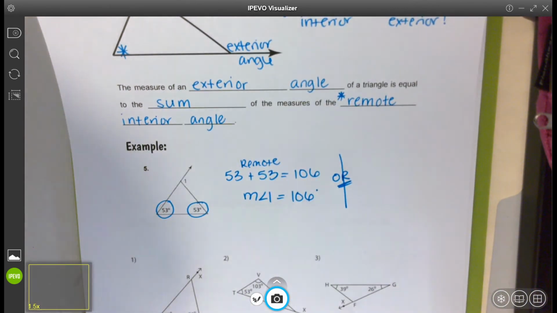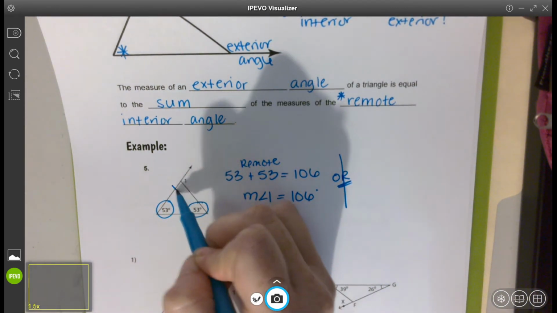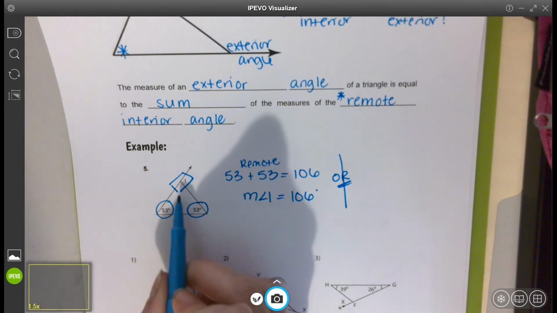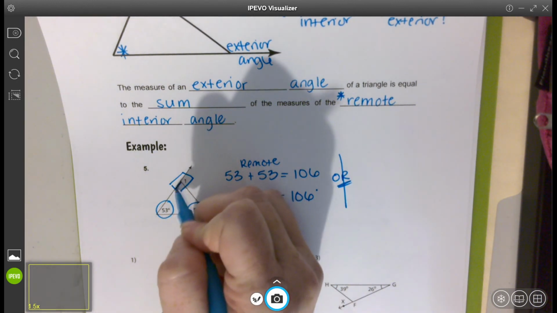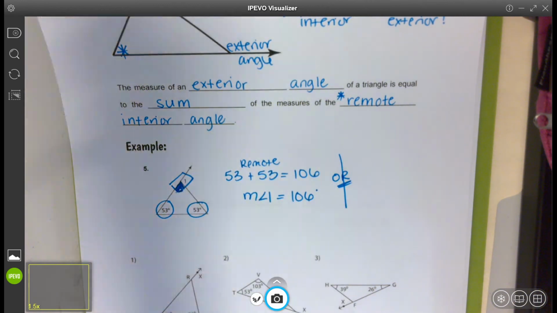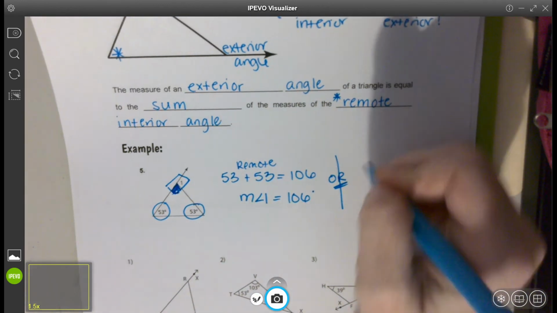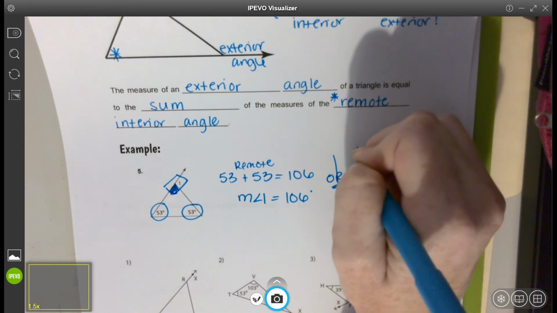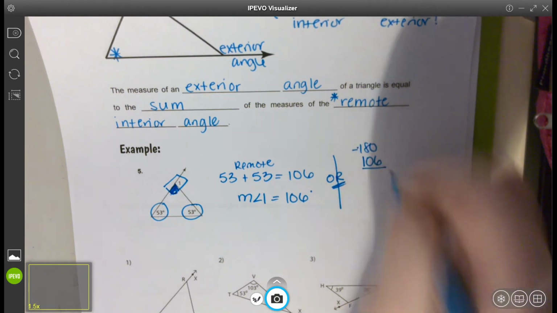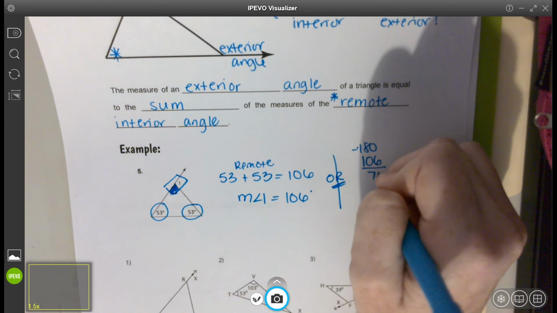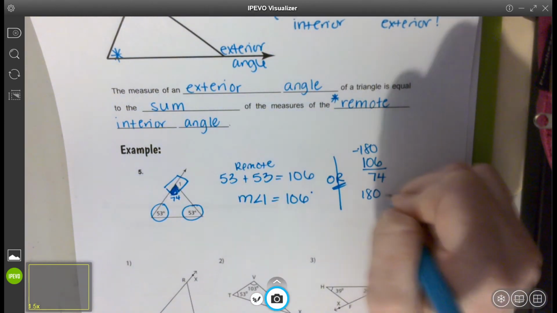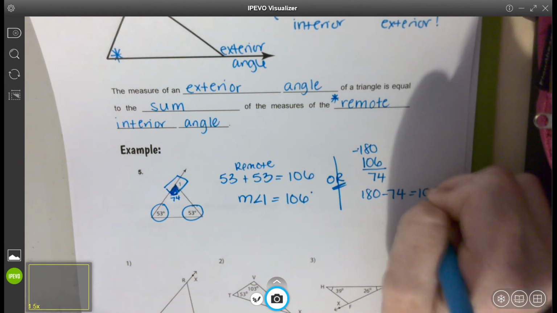So remember we talked about this relationship here. We could say here, this is 106. I could find this missing angle right here. So I can say 106, take away from 180, is 74. That means that this blue angle right here is 74. So I have 180 minus 74, and that is 106.